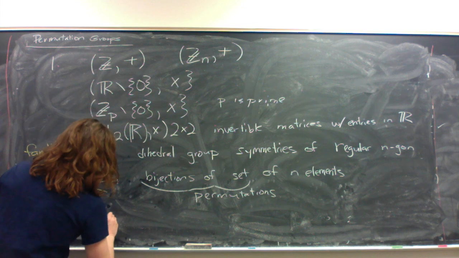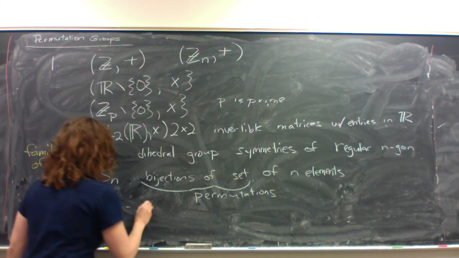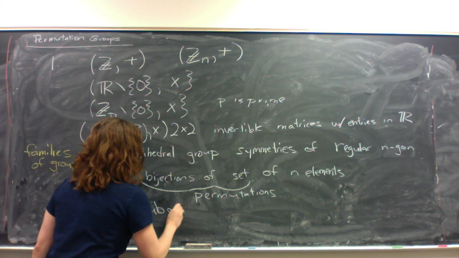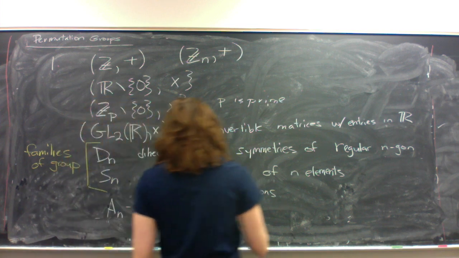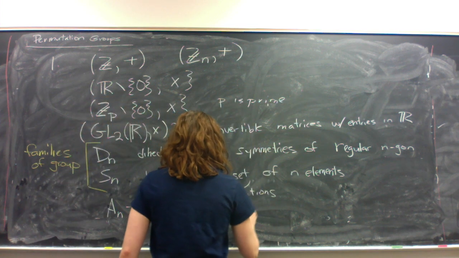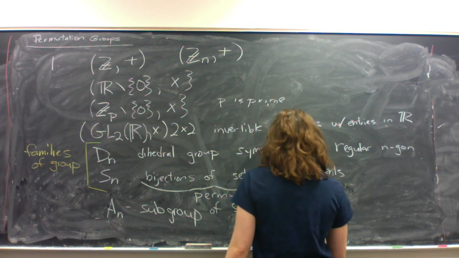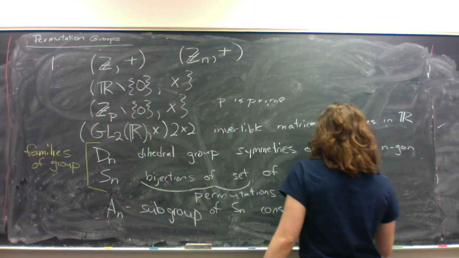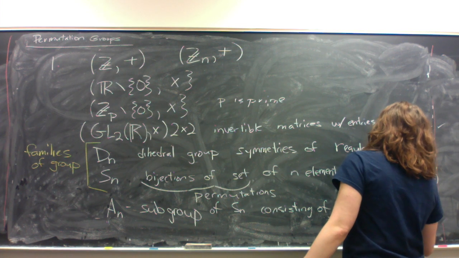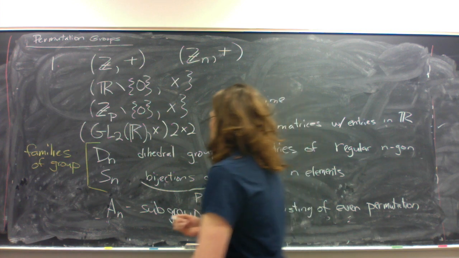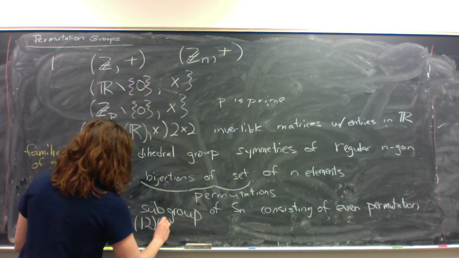And there's also a particularly interesting subgroup of S_n, which we explore in part D on our adventure sheet. This is a subgroup of S_n consisting of even permutations. A permutation is said to be even if it can be written as a product of an even number of transpositions.